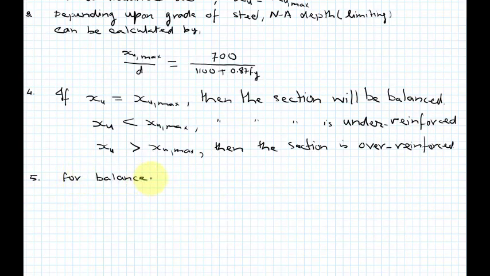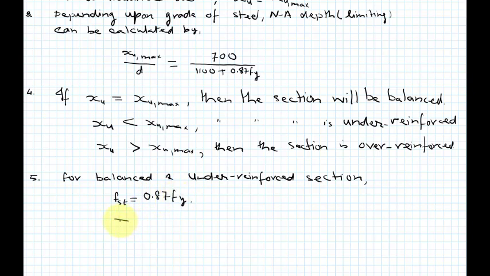For balanced and under reinforced sections, the design stress in steel, or design strength in steel, is 0.87 Fy. So your tension force becomes Fst into Ast, which is 0.87 Fy Ast.